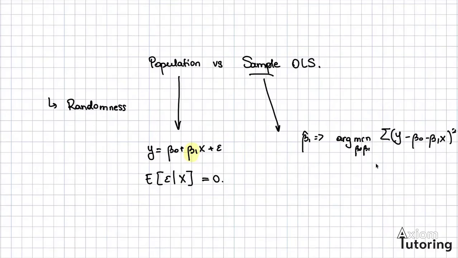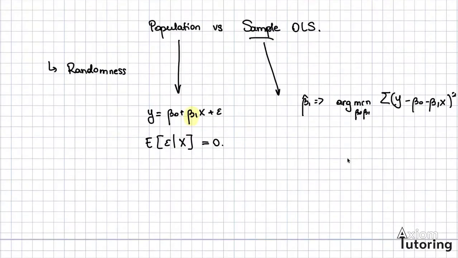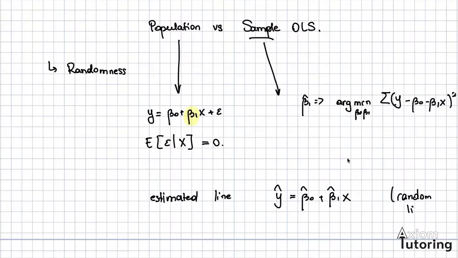So that's why whenever we're making an estimation and we say our estimated line, y hat is equal to beta null hat plus beta 1 hat x, this is a random line, okay? Because it's been constructed based on that random sample that we got out of the population.